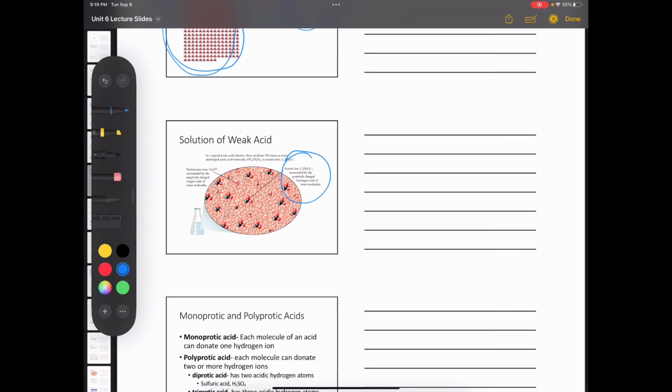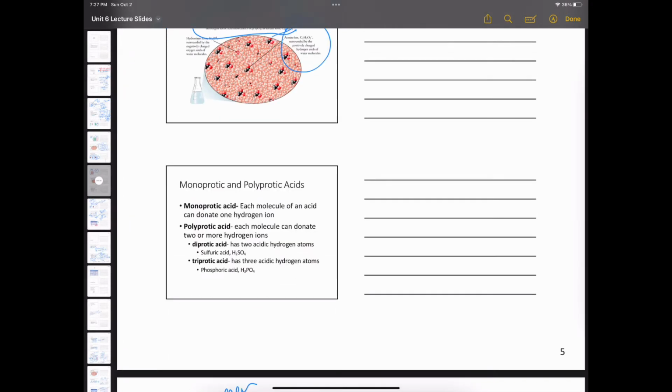In a typical acetic acid solution, there are about 250 times as many uncharged acetic acid molecules as acetate and hydronium ions. So the concentration of hydronium ion is extremely low, which, if you were to use pH or litmus paper, for example, the acidity will be very, very low.